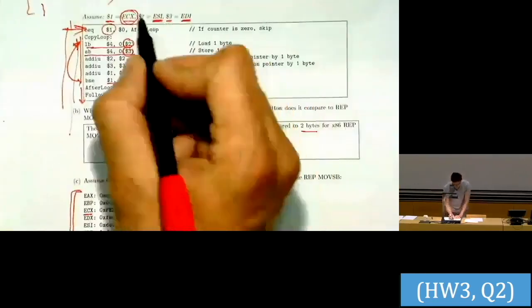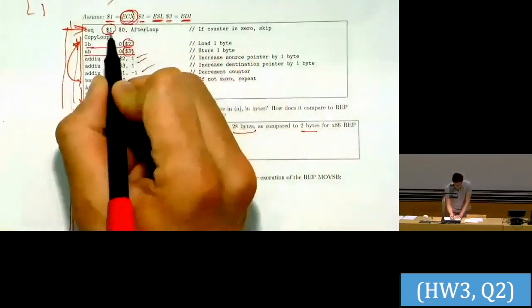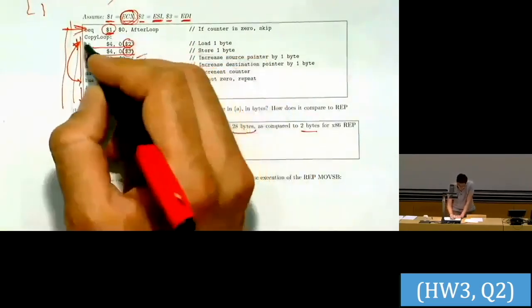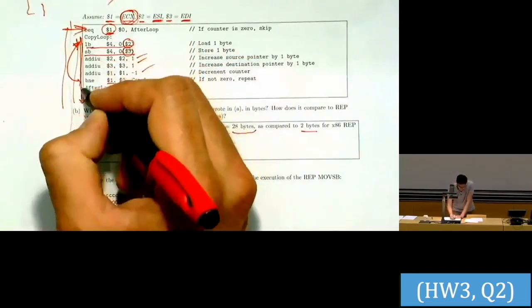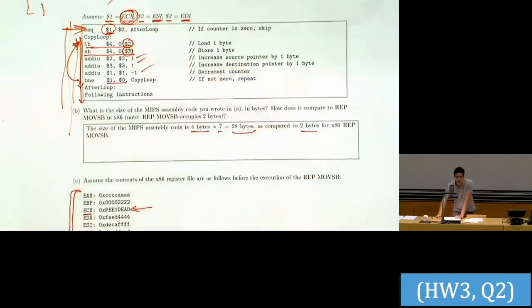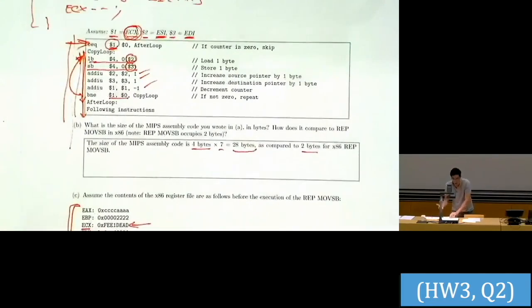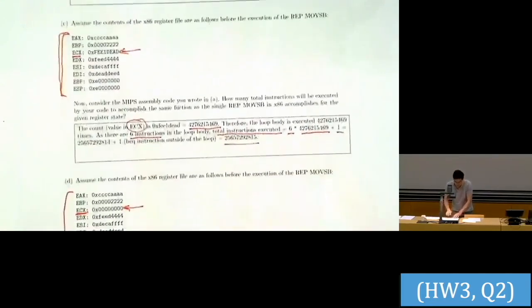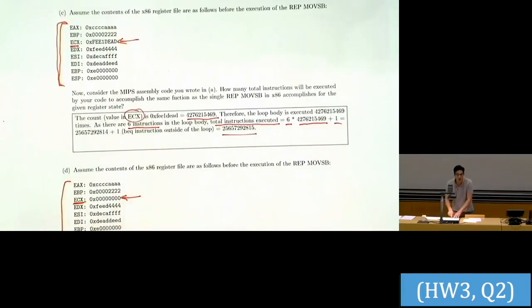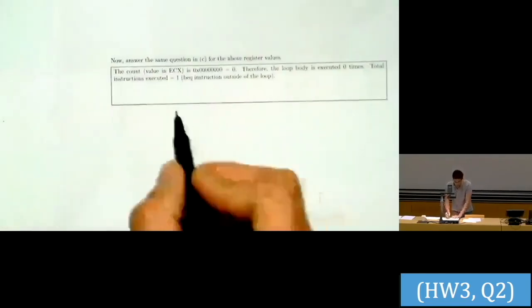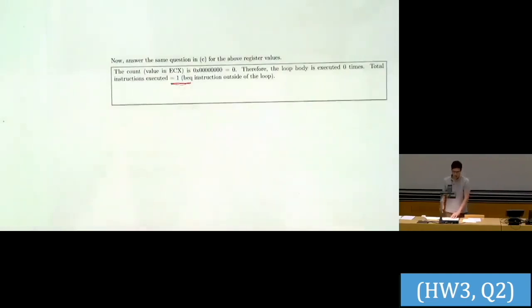This ECX is 0, this register 1 is 0, so we don't execute this loop body any single time. So the total number of instructions executed in this case with these register file contents is only 1. It's only the first BEQ instruction that you have in the code. Is that clear?